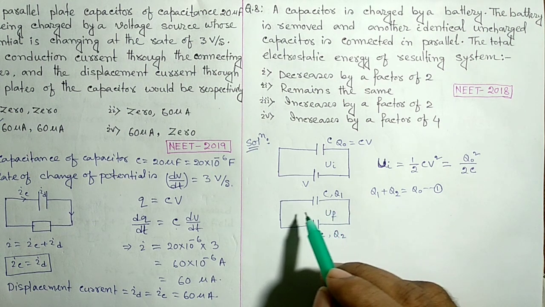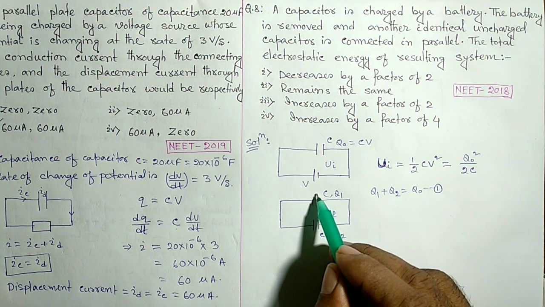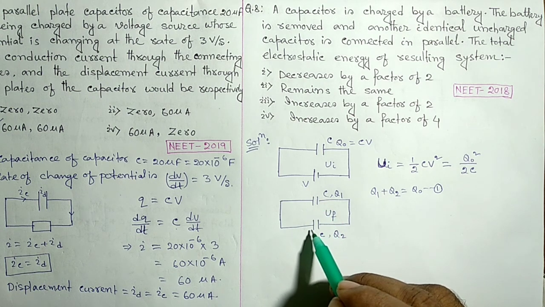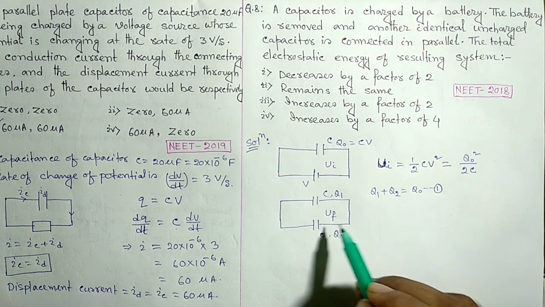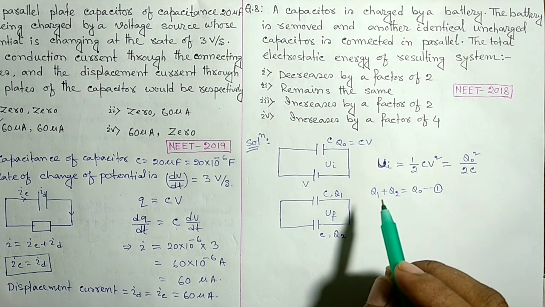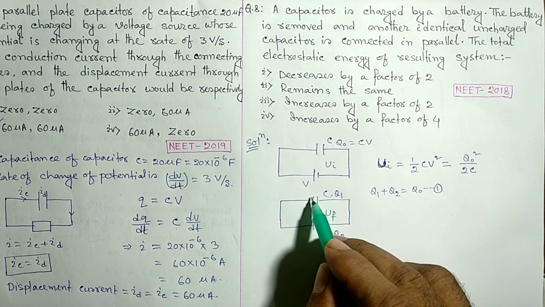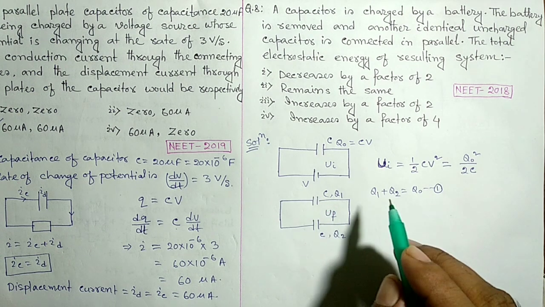Again, the potential of capacitor 1 and capacitor 2 is the same, meaning a common potential, so the potential difference between them is 0.